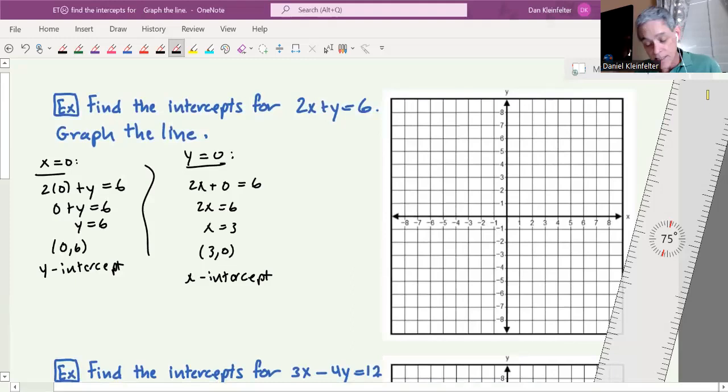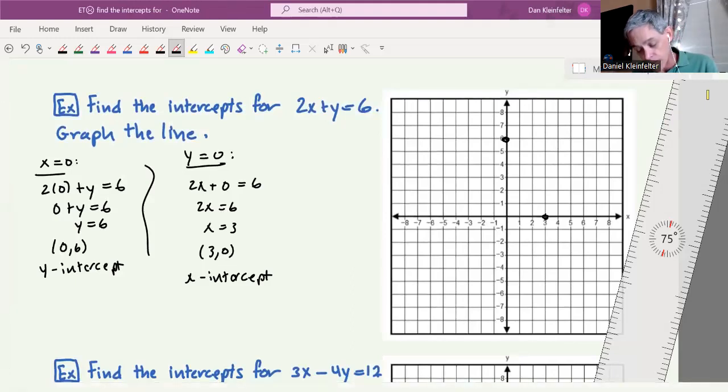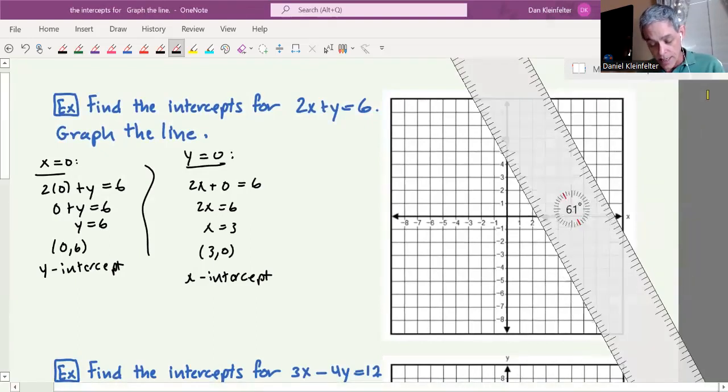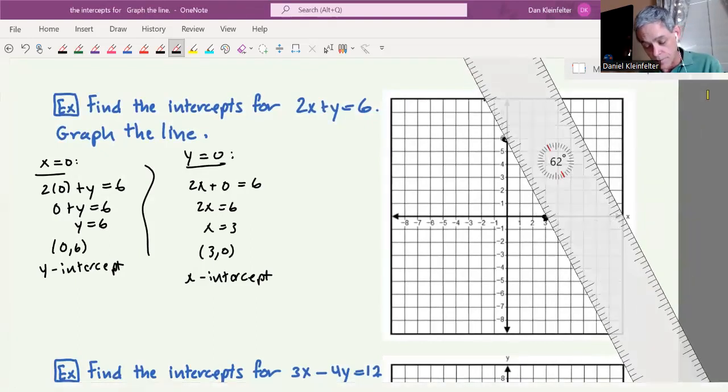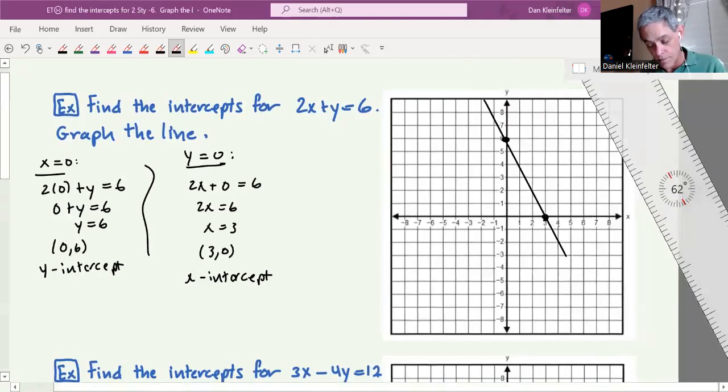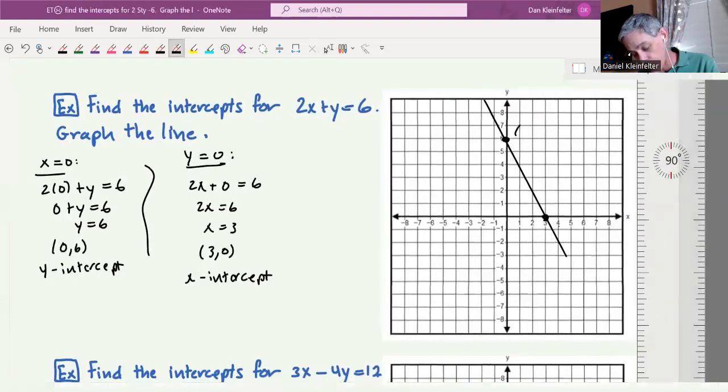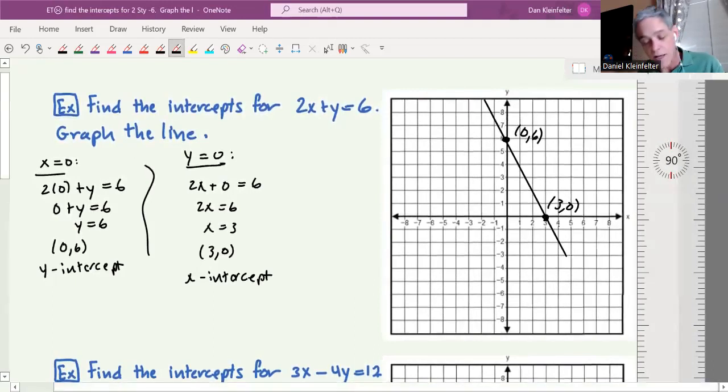So we'll plot the point 0, 6 and 3, 0, and then connect the dots. Working with 0, multiplying by 0, adding 0 is often easier. And so for that reason, if you're graphing a line, it can be helpful to use the intercepts to do it.